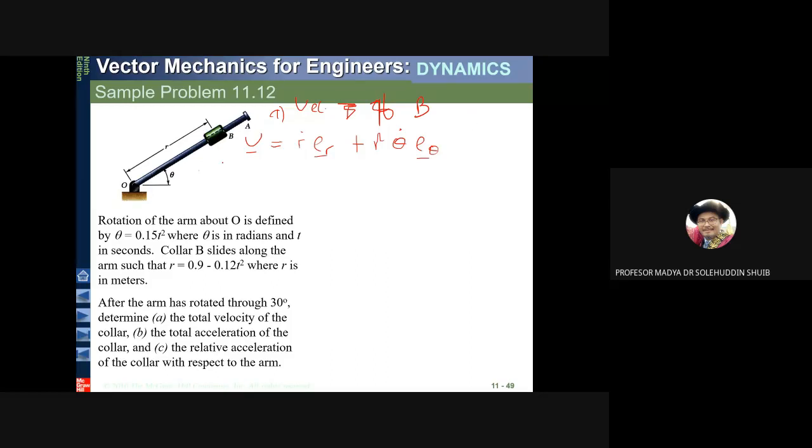So here, if we write V_r, we have r dot e_r. Yes, this is very important. Okay, so go back to this one.